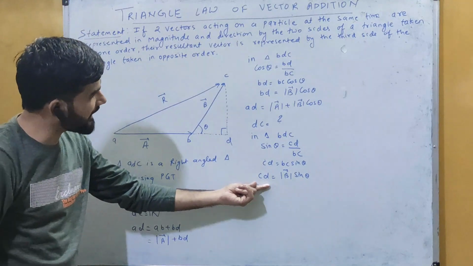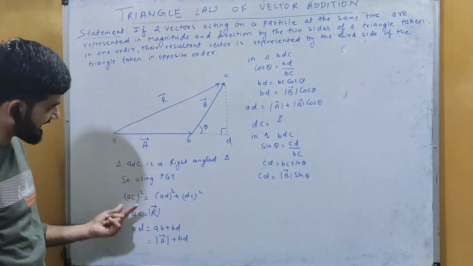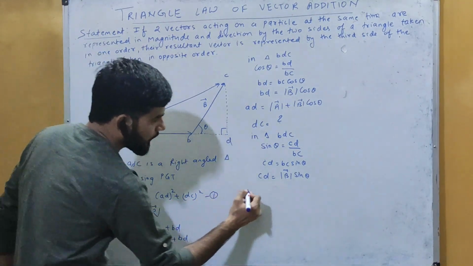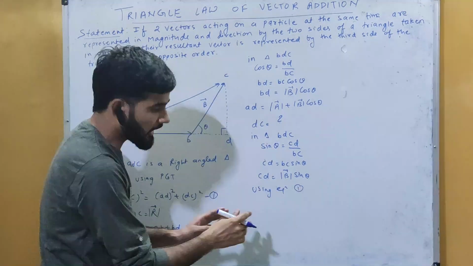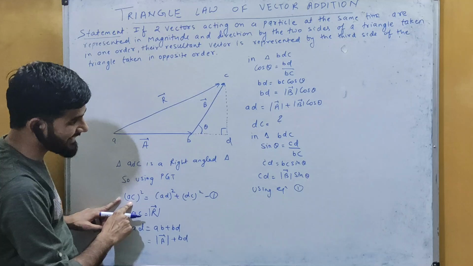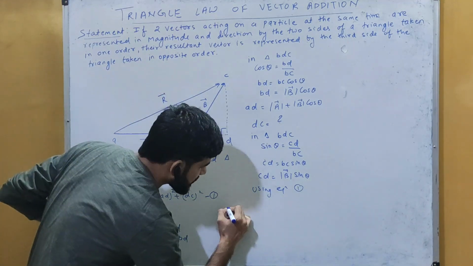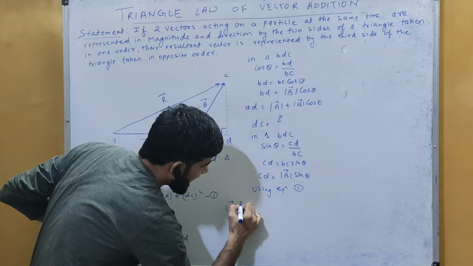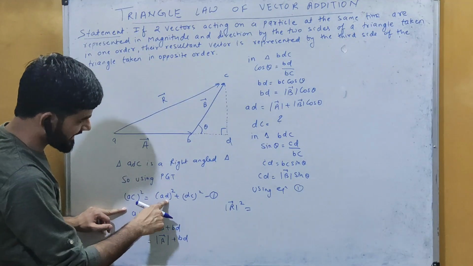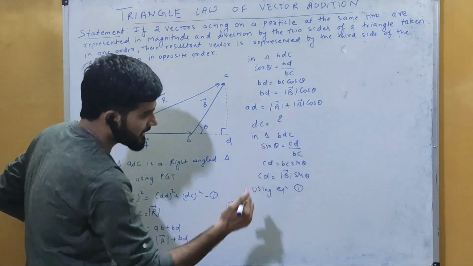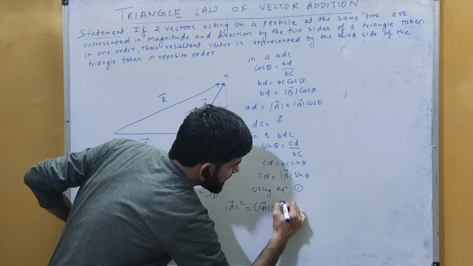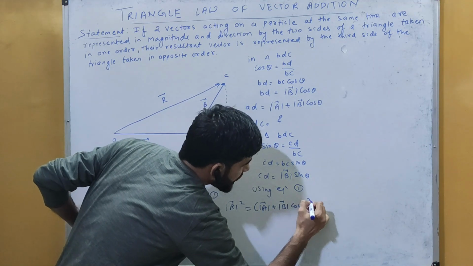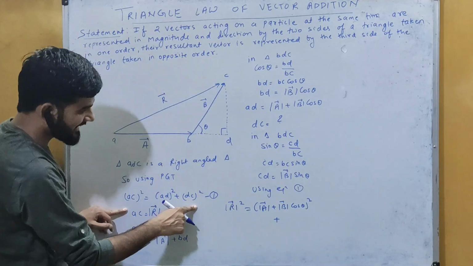Now I will put this value of CD, AD and AC in this equation number 1. So using equation 1, I can write this AC is equal to R. So I can write R square is equal to AD, that is A plus B cos theta, whole square, plus this DC square.